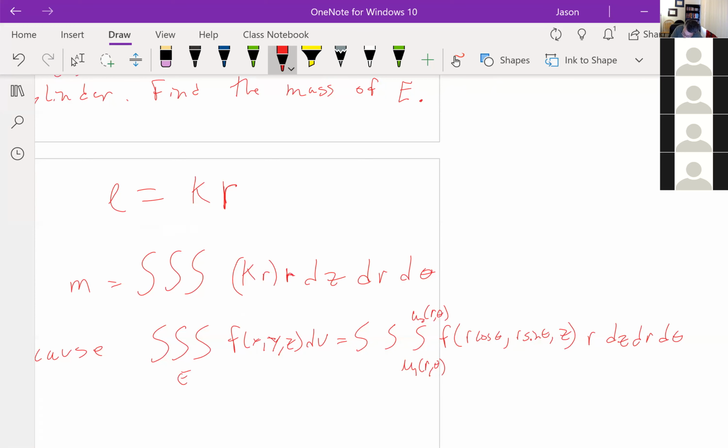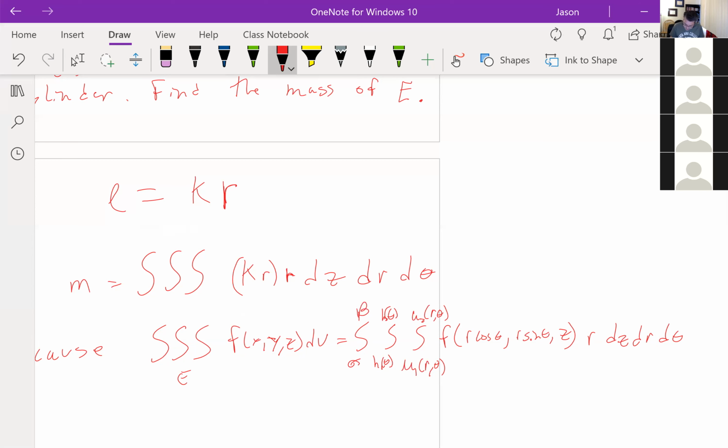Well, that's a function of theta, so we would say h1 of theta to h2 of theta. And then what's theta going to go from? Alpha to beta. So that's how we are going to translate this thing.